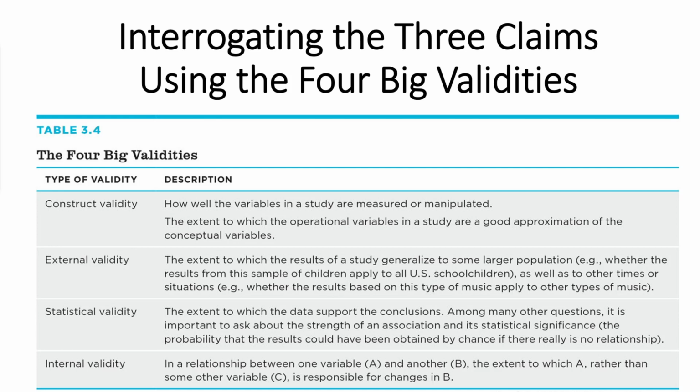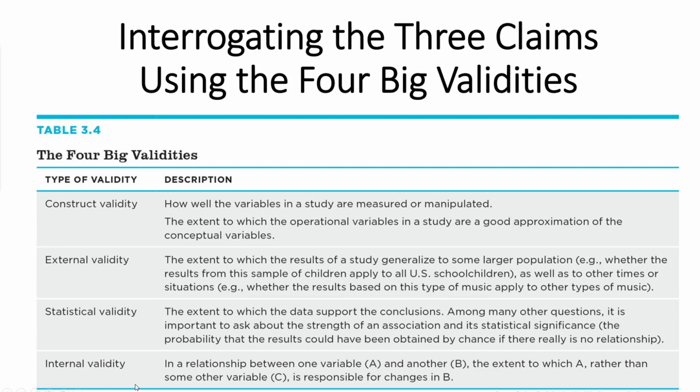And of course, we're going to talk at length about strength of association and statistical significance throughout this course, but for right now, we're just going to say that we're looking at how well is our line of best fit fitting our data, how close is all of our data clustering to that line I drew on our scatter plot, and how sure are we that the results are valid. So this is just saying, how good are your statistics? Is your data good, and have you evaluated it well?